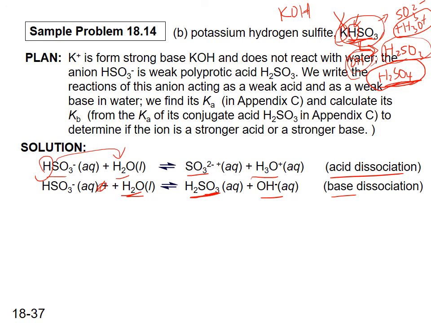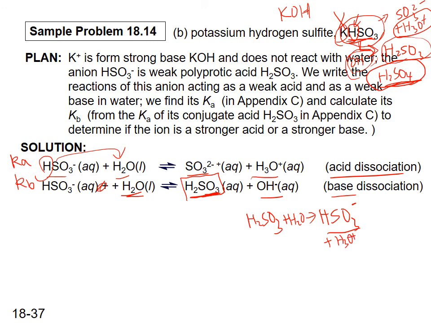For the first one, we need to know the Ka. And for the second one, we need to know Kb. In fact, these two reactions are related by the diprotic acid H2SO3. This diprotic acid can hydrolyze. If you add water, it first dissociates, forms hydrogen sulfite plus a hydronium ion.